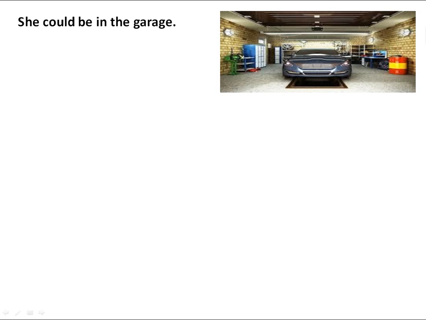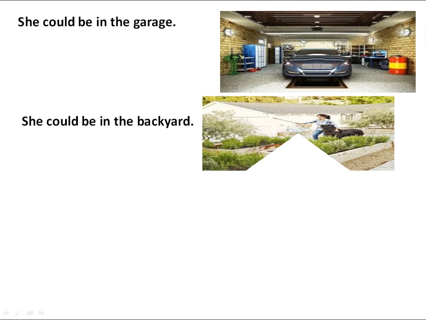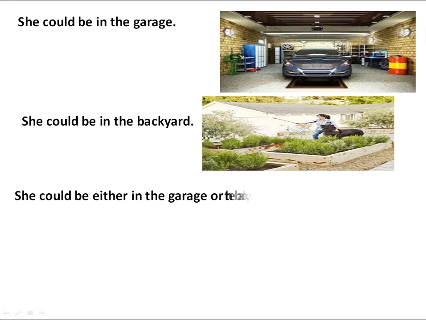Moving on, how do we connect two objects with either or? She could be in the garage. She could be in the backyard. So let's connect these two objects using either or and make one sentence out of them. She could be either in the garage or in the backyard.